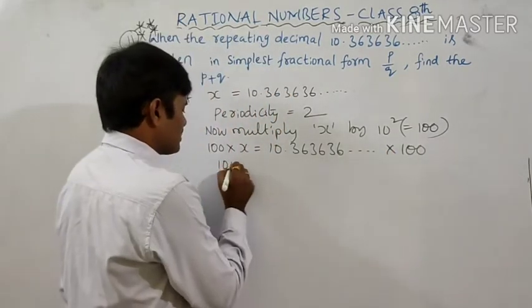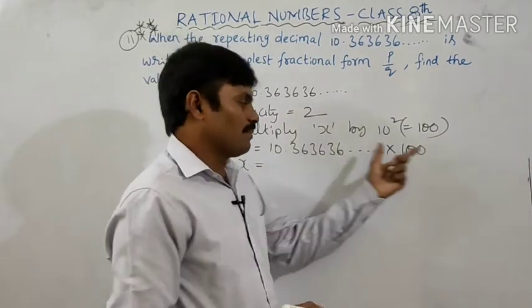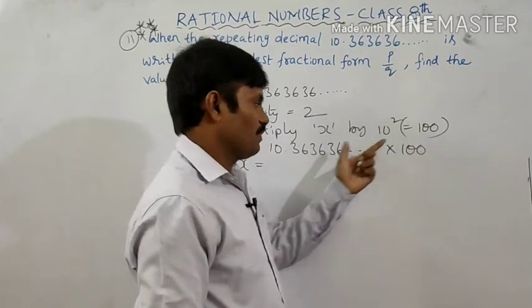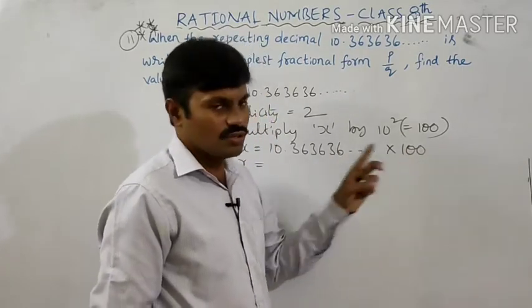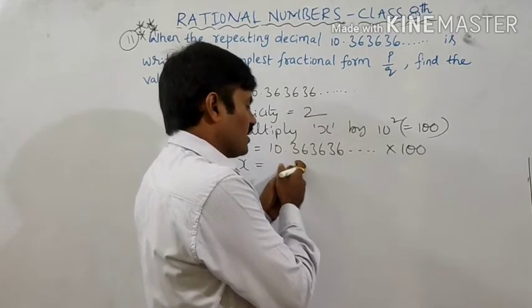So 100 into x is equal to 100x, and 10.363636 and so on into 100. Now the decimal number is multiplied by 100, which has 2 zeros, so the decimal point shifts from left to right by 2 digits.